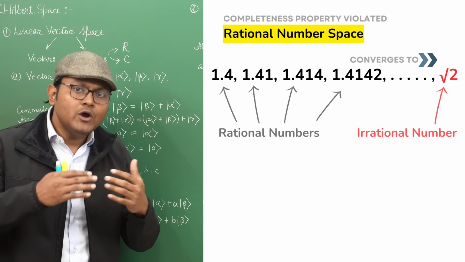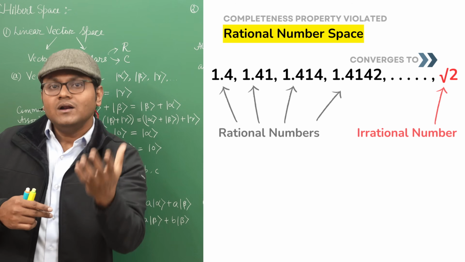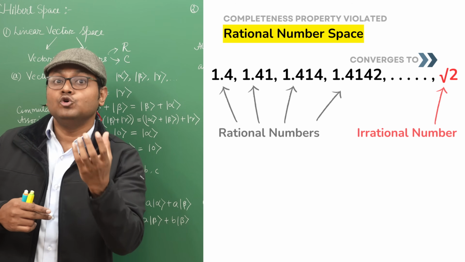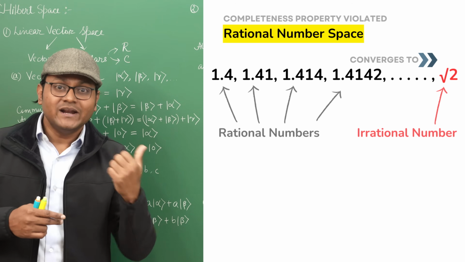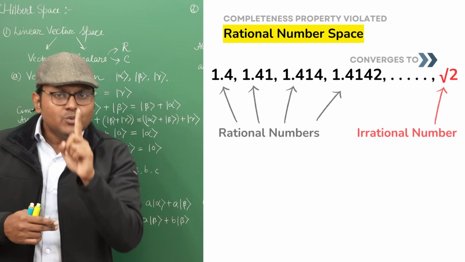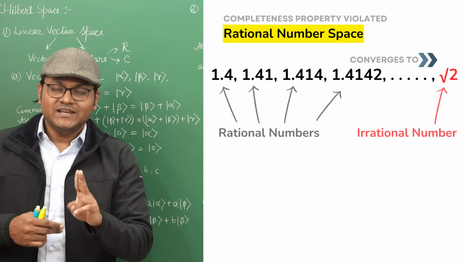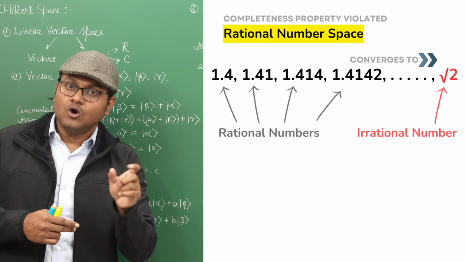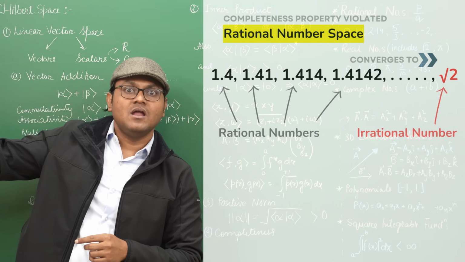But if you look at the nature of this particular sequence, it finally converges on what? It finally converges on root 2, the square root of 2. But the square root of 2 is not a rational number. So essentially, I have a Cauchy sequence of rational numbers that converges on an irrational number.